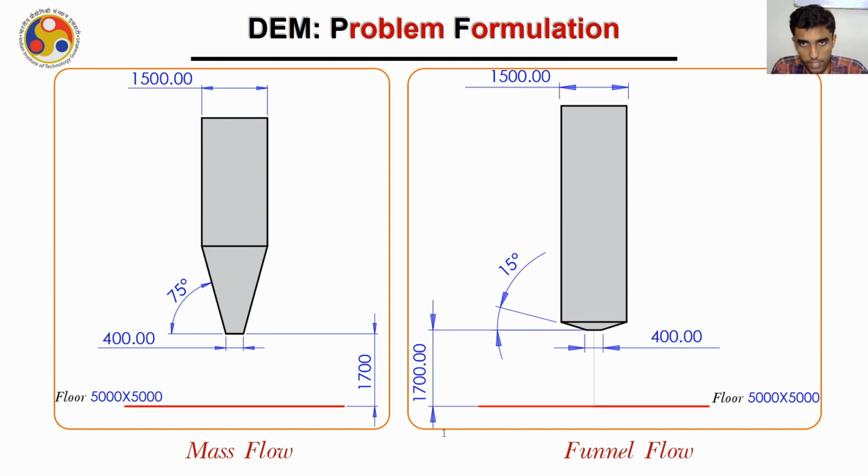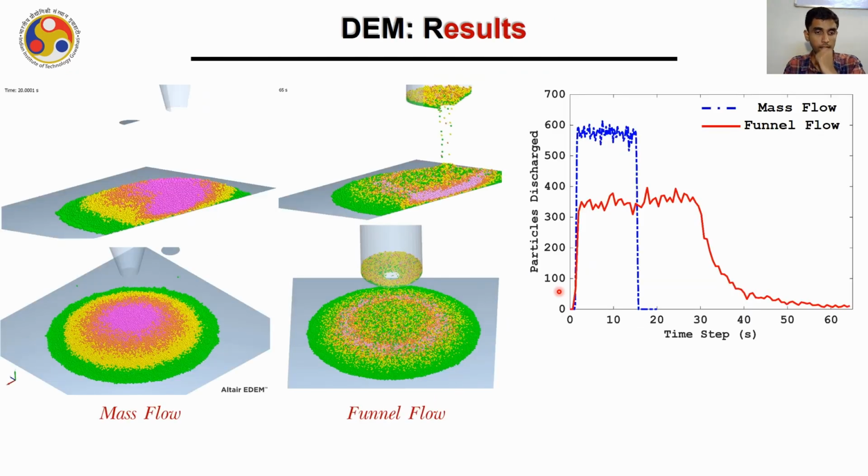So now we are here in the PowerPoint, my presentation. You remember that these were the two cases we were trying to study: one was mass flow, the other was funnel flow. What difference does this cone angle make on the granular flow behavior? For the case of mass flow, that means with a very high cone angle, the particles discharge in a layer-wise fashion.